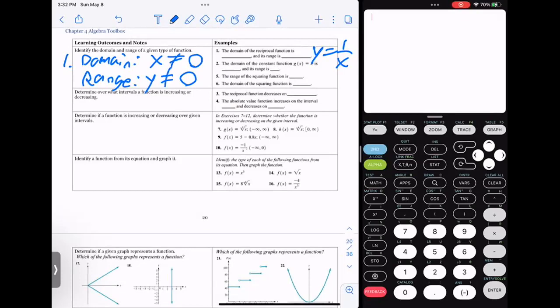So for the domain of the constant function, let me erase it. I tried not to erase all of it. The domain of the constant function g of x equal to k, where k is a constant, a number like 7 or 10.